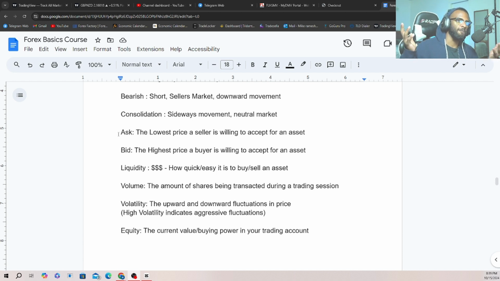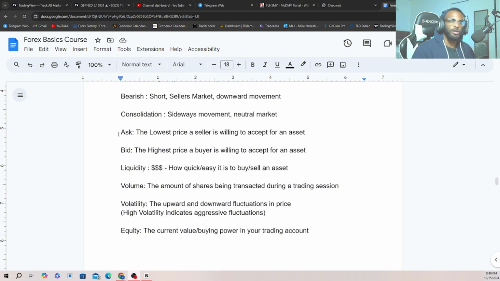That'll lead into the next term, which is volume. If you watched the previous video about trading sessions, I introduced you to volume, and now I'm going to give you the quick definition. Volume is the amount of shares being transacted during a trading session. Depending on your trading session, there are higher amounts of volume being pumped into the market during certain sessions or certain fundamental news releases.